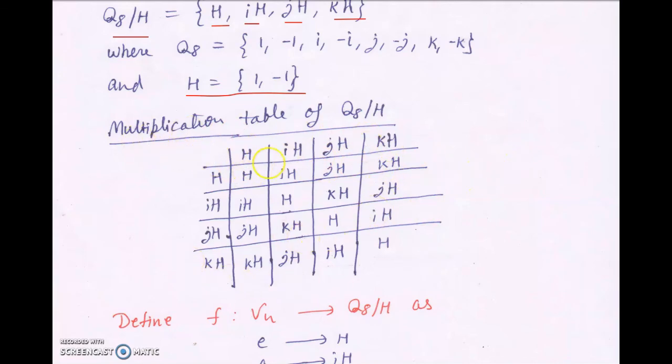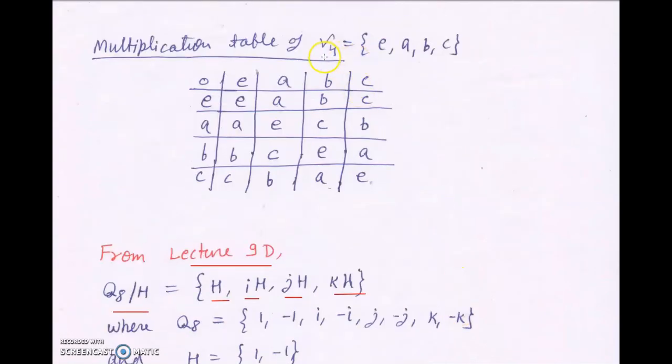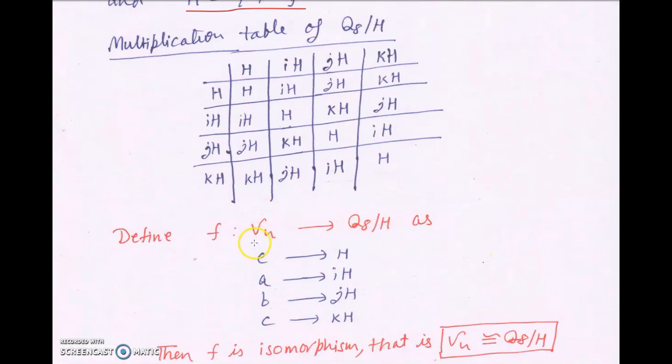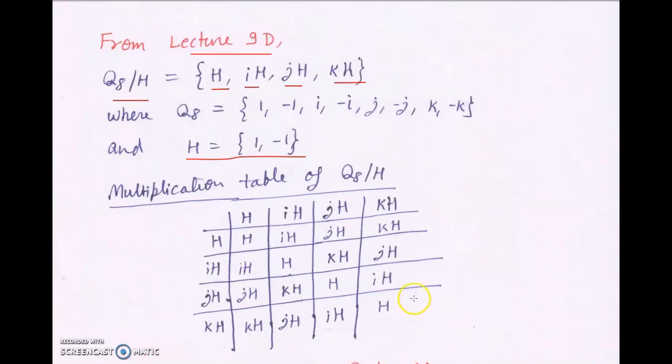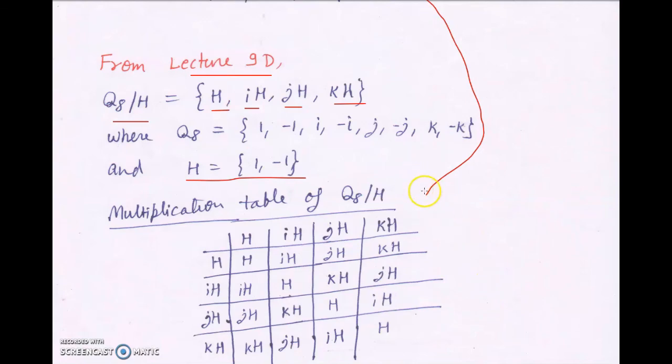So if we make its multiplication table, then it will look like this. And now we have the multiplication table of the group V4, that is Klein's 4 group. Now if we define a map from V4 to Q8 by H such that E goes to H, A goes to IH, B goes to JH and C goes to KH, then you can see that this multiplication table will change to this multiplication table.